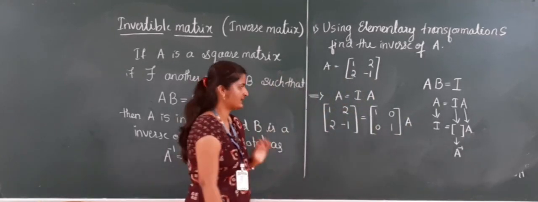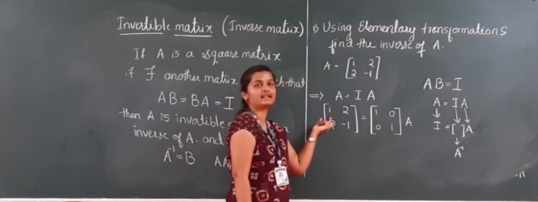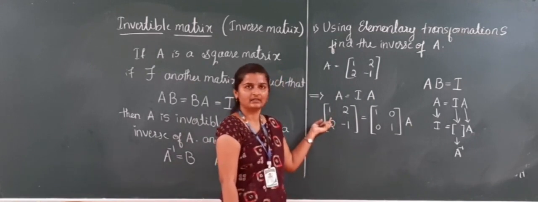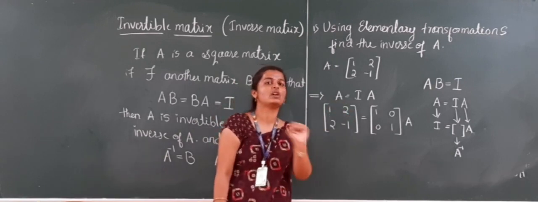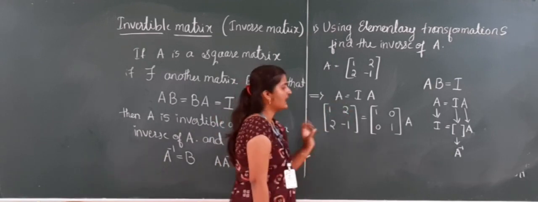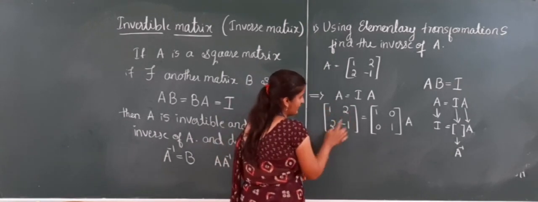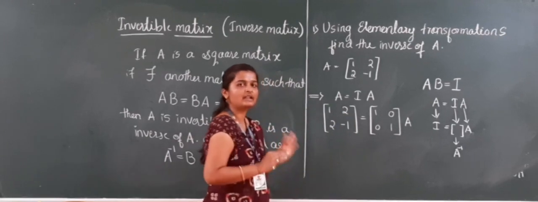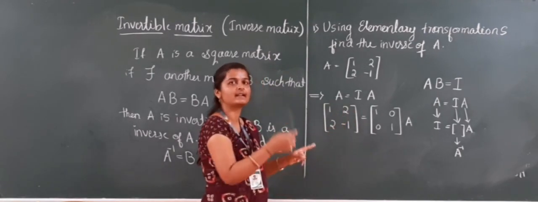Next step: now I want to convert this matrix into an identity matrix. I have to convert this into an identity matrix using the row transformations. Identity matrix means here 1, here 0, 0, 1. So I will solve this for the identity matrix cycle-wise.